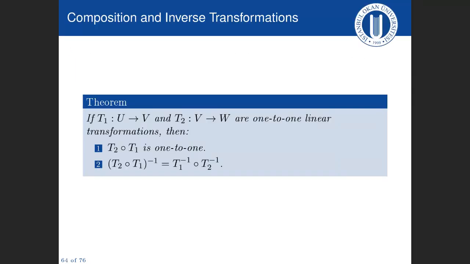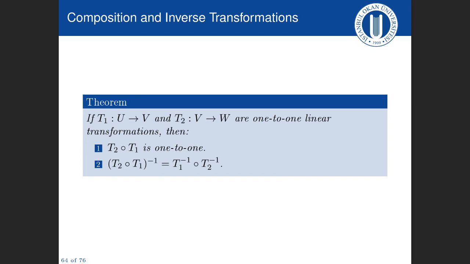And one more theorem. If T1 and T2 are one-to-one linear transformations, then T2 composed of T1 is also one-to-one. That means it has an inverse, and its inverse is given by T2 composed with T1 inverse is equal to T1 inverse composed with T2 inverse.